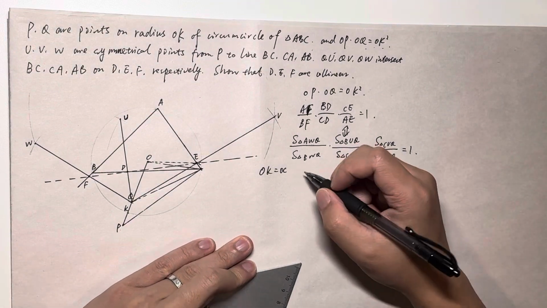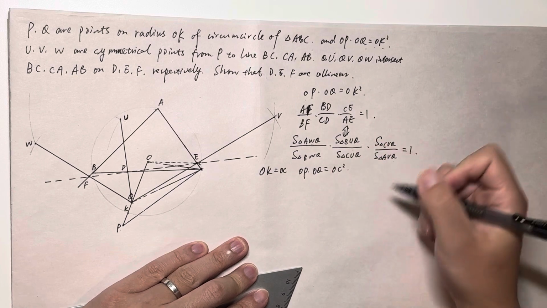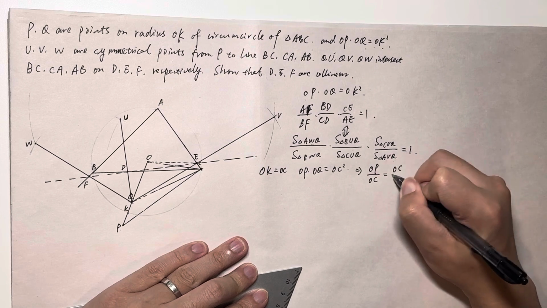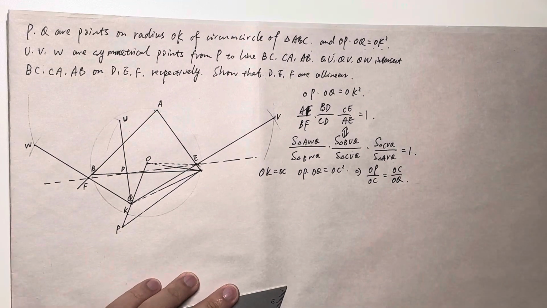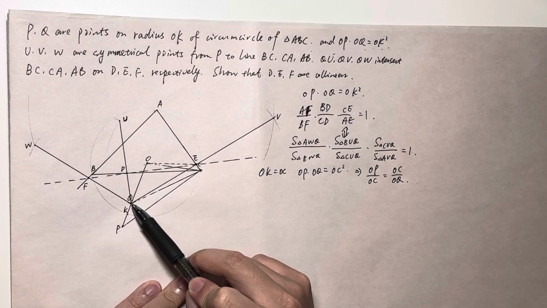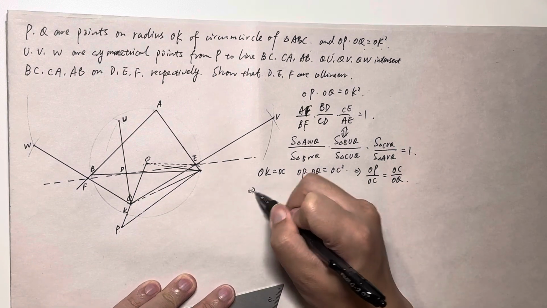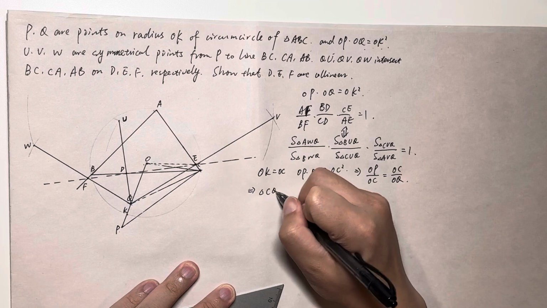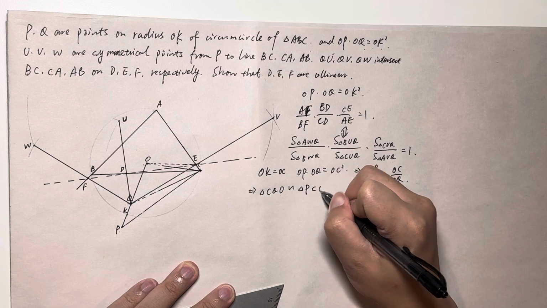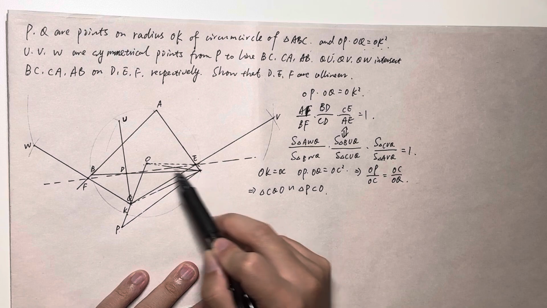And we can translate OP times OQ to OC squared, which means we get OP to OC equals OC to OQ, and they share the angle QOC, so triangle CQO is similar to triangle PCO.